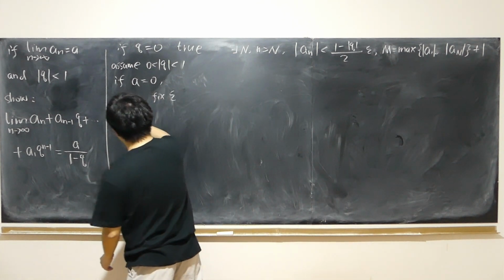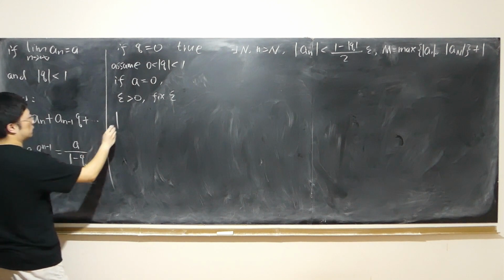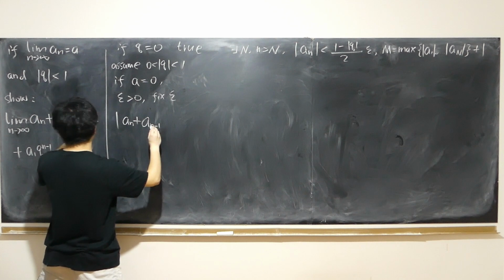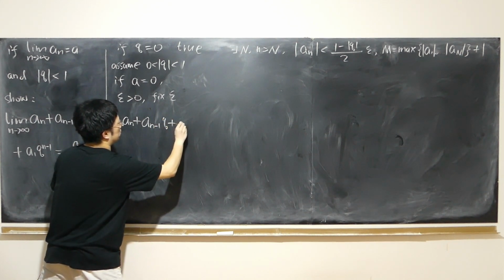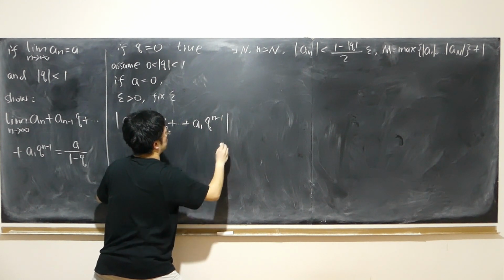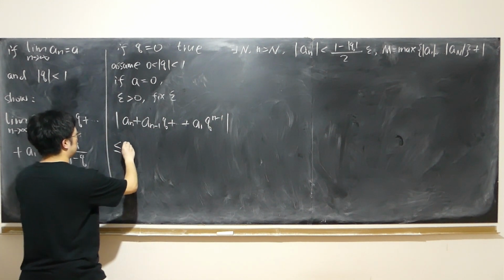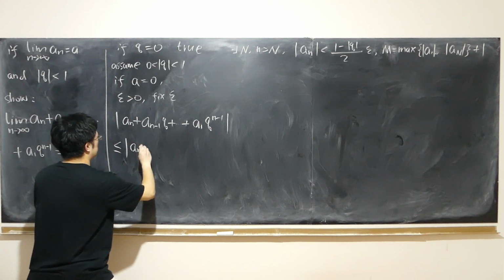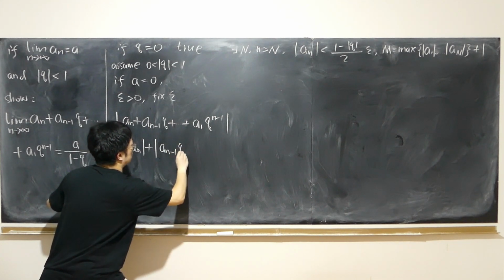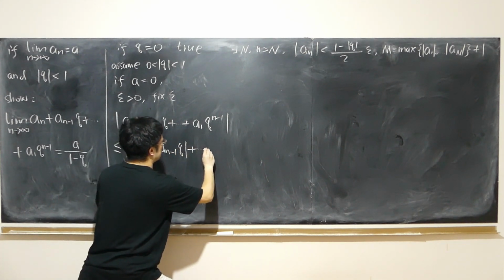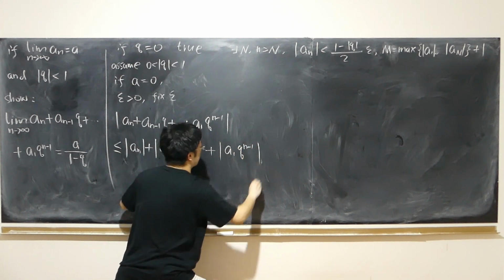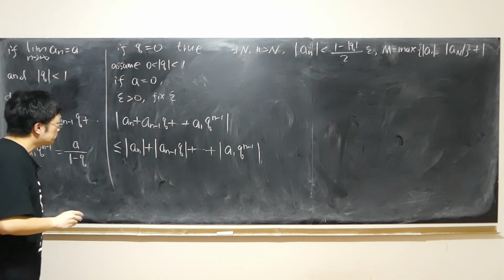So I say that the absolute value of a_n plus a_{n-1} times q plus all the way to a_1 times q to the power of n minus 1 is less than or equal to the absolute value of a_n plus the absolute value of a_{n-1} times q plus all the way up to a_1 times q to the power of n minus 1, absolute value. Right? Triangle inequality.